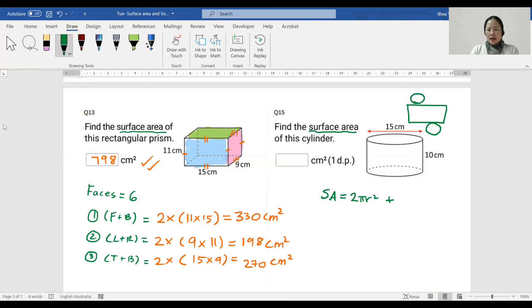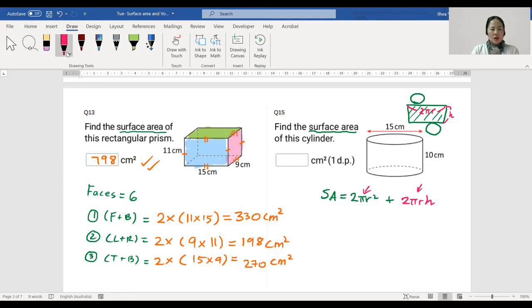And the part in the middle, the rectangle, the base here is the circumference, the 2 pi r. And the height is h. So what we've got to do is 2 pi r times h. So the first one is the 2 circles, and the second part is the rectangle.